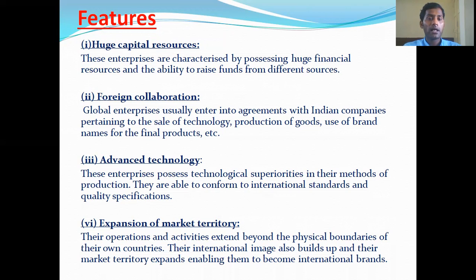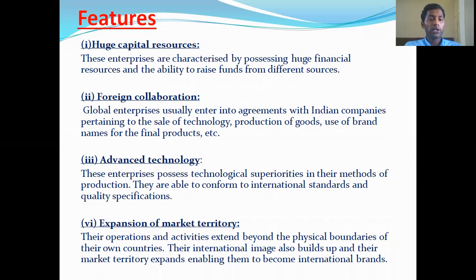These enterprises possess huge financial resources and the ability to raise funds from different sources. They can raise funds by issue of debentures, by issue of shares, and even borrow loans from banks or financial institutions.